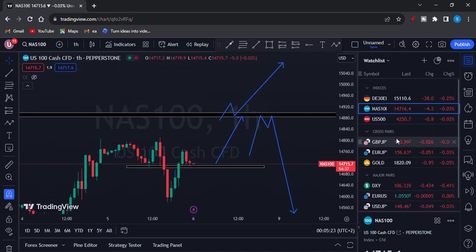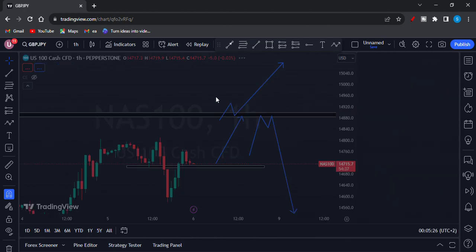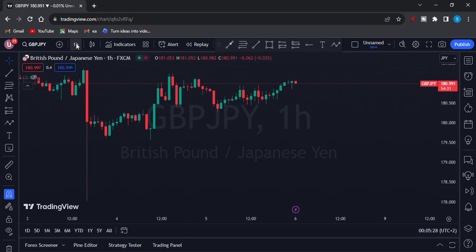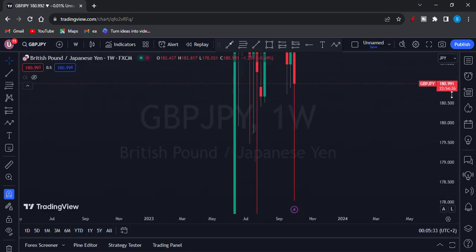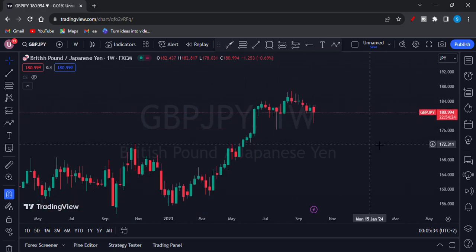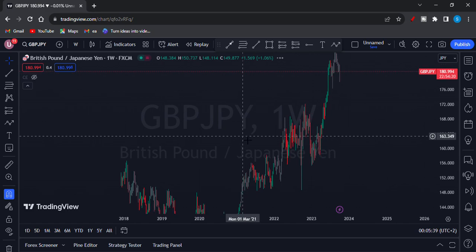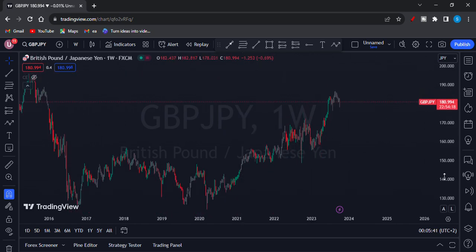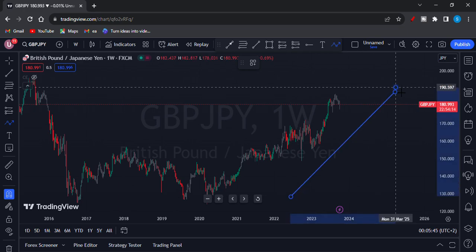And let's go to GBPJPY. And then on a weekly, and then so on a weekly, we'll find our overall trend. So on a weekly, we are on an uptrend.